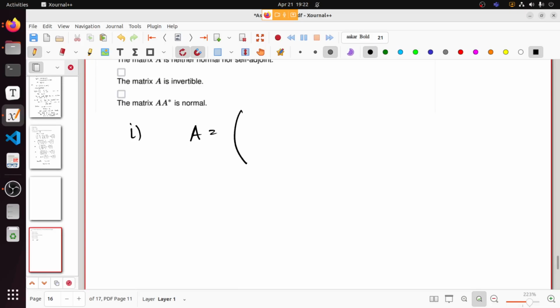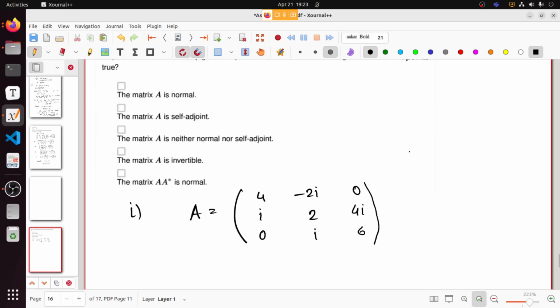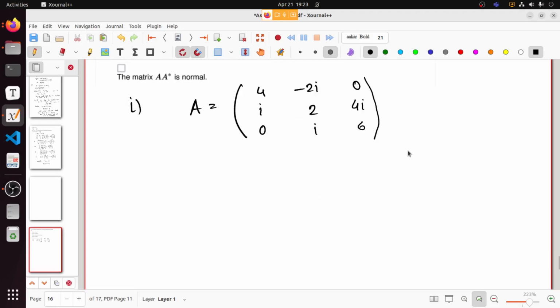A is the matrix 4, minus 2i, 0; i, 2, 4i; 0, i, 6. Now you have to check whether this is normal or not, meaning A times A star is the same as A star times A or not.